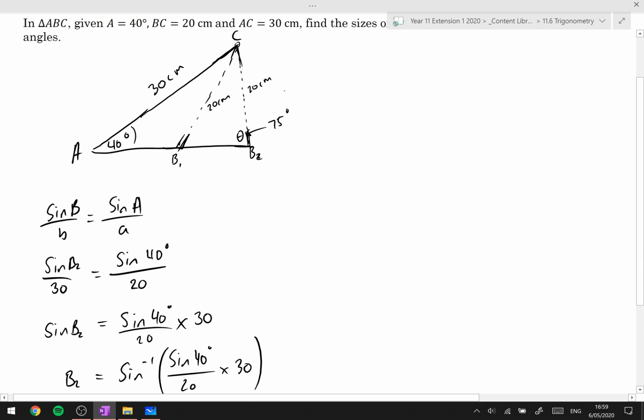To make sure an obtuse angle will fit in this triangle: if this angle were 170 degrees, it can't exist, because 170 degrees plus 40 degrees is 210 degrees. Can I have a triangle where two of the angles add up to 210 degrees? What's the third angle equal to? Well, it can't. So we need to check that this angle is something I can actually work with.